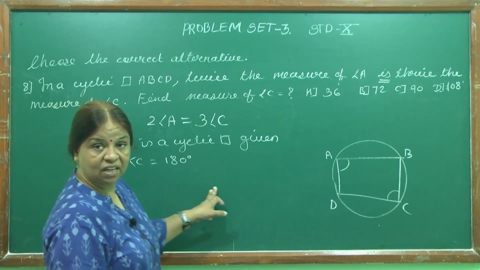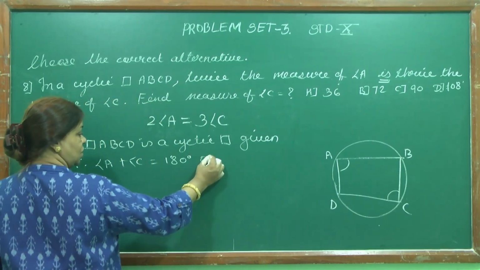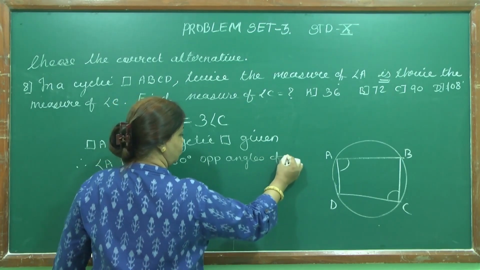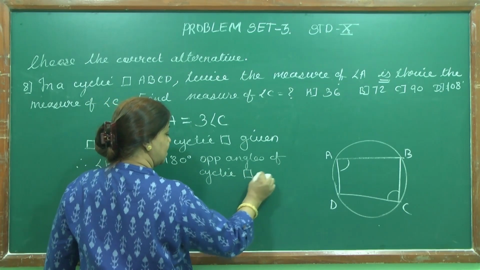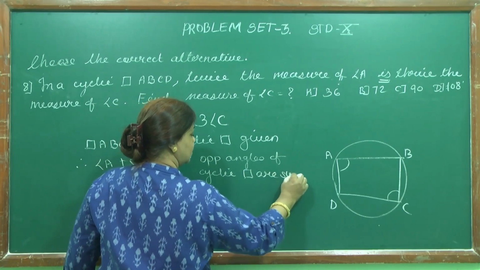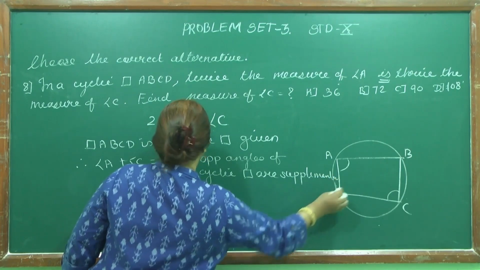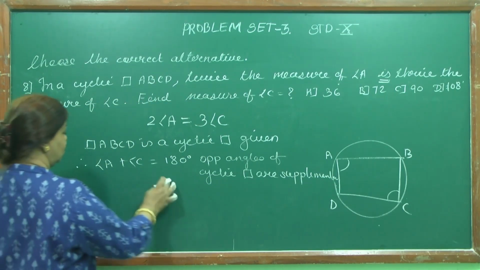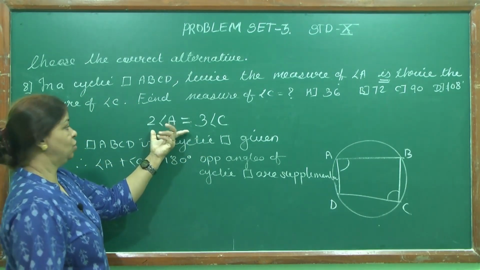Because opposite angles of a cyclic quadrilateral are supplementary. Supplementary means 180 degrees.